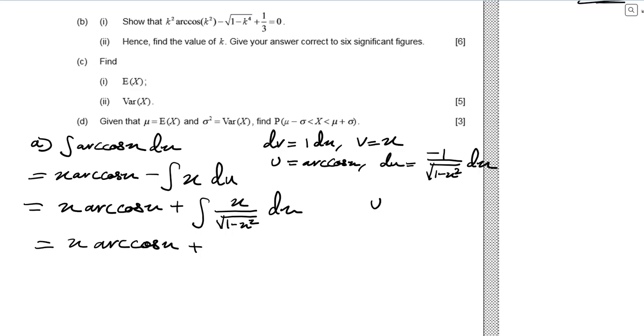Let's use a different variable: sine theta is equal to x, then dx is equal to cos theta d theta.